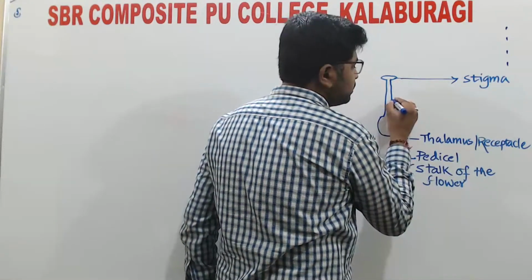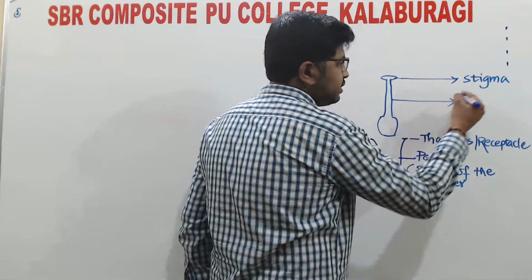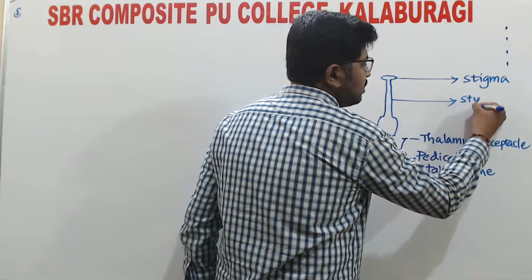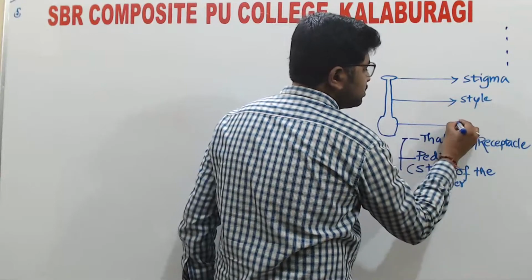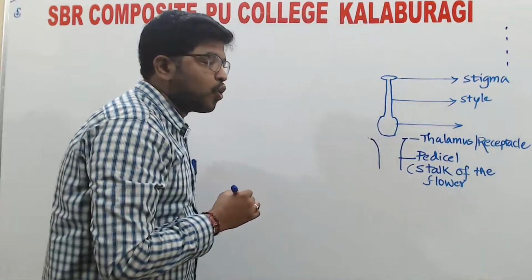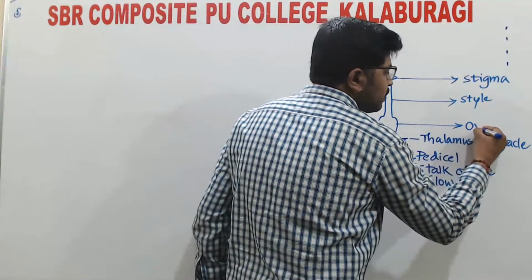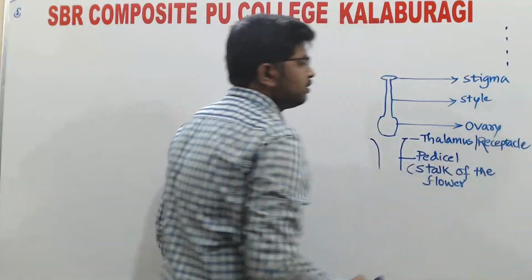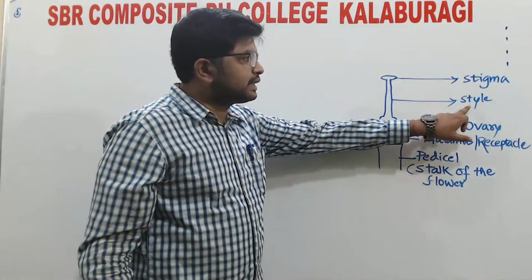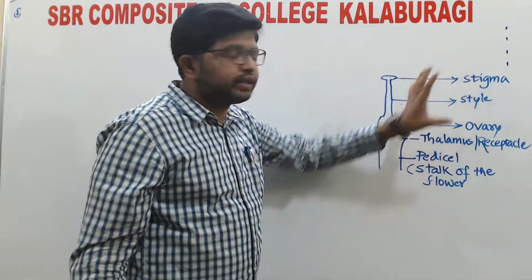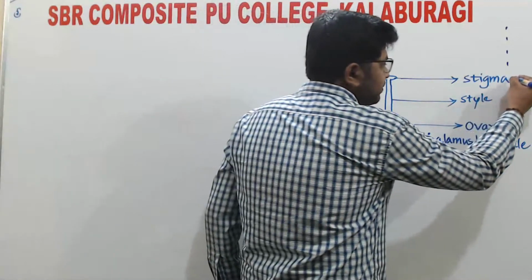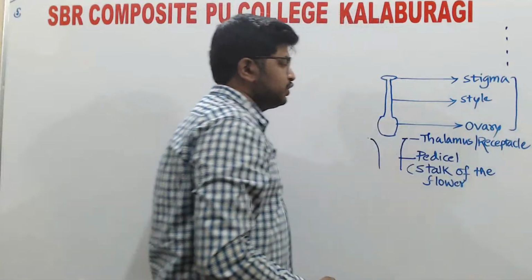And this portion, which is narrow and slender, we call it the style. And this bulged portion, we call it the ovary, right? So ovary, style, stigma, all together make the gynoecium. Remember, we call it gynoecium.